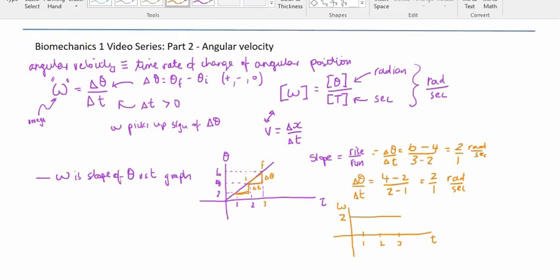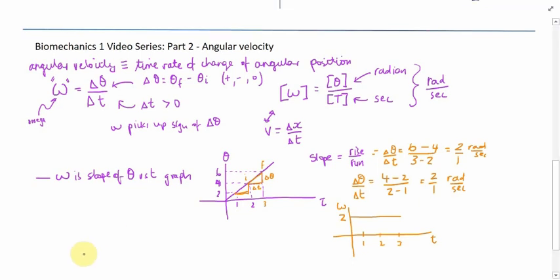Which brings me to a very, very important concept: if the slope of a position versus time graph gives me the angular velocity, then there must be some way to get the angular position from an angular velocity versus time graph. That, in actual fact, ends up being the area under an angular velocity versus time graph.